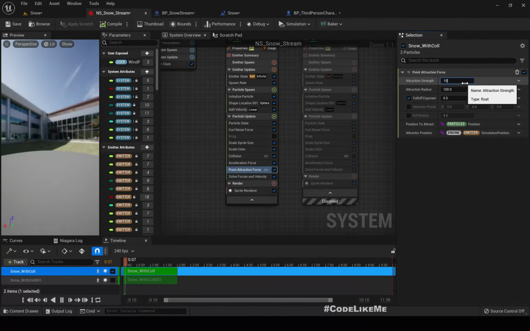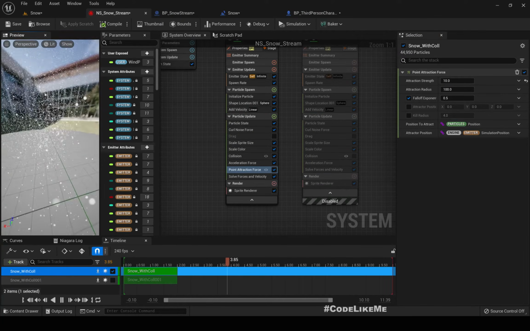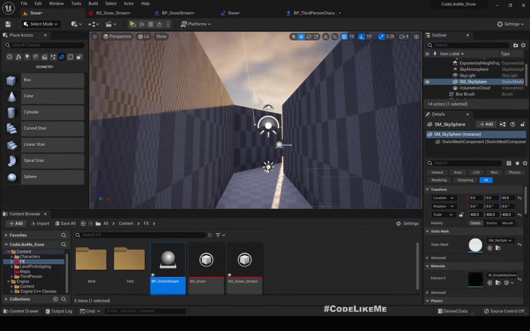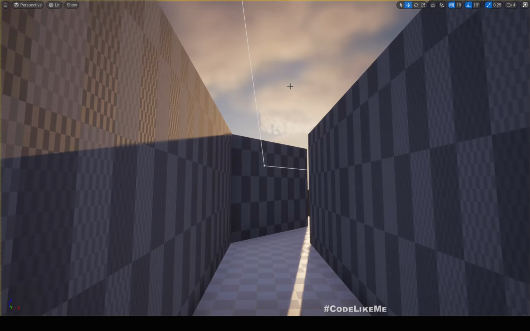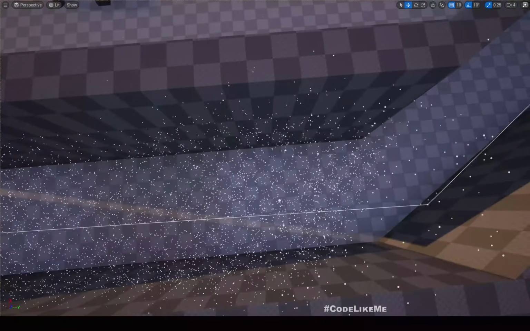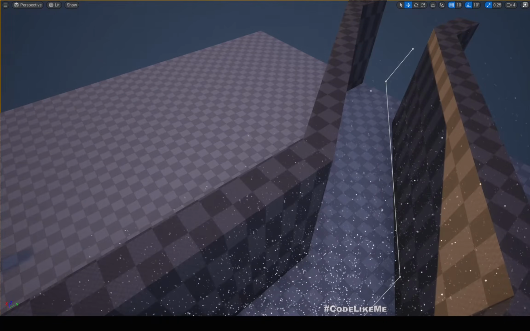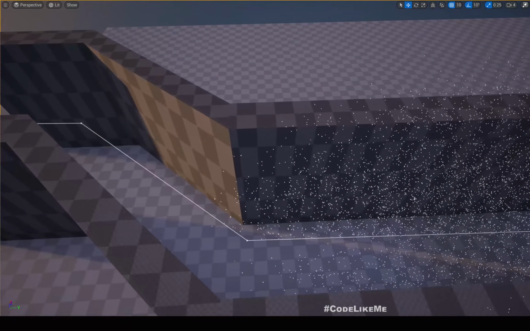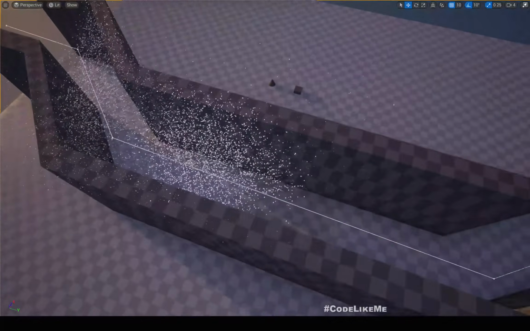Strength, let's try 10. You can see here they attract into the center. Now if I play, the particles should move towards the center, but it's not very clear.